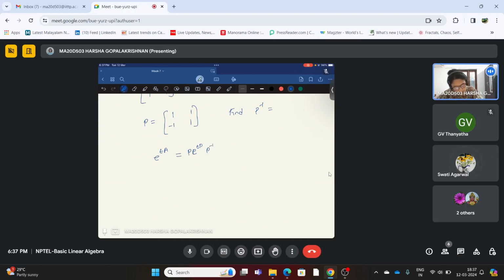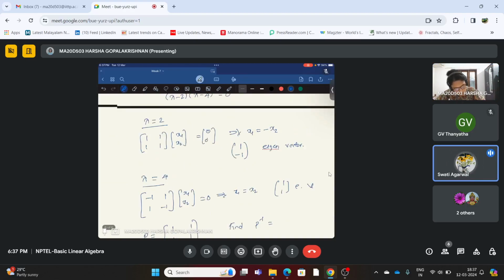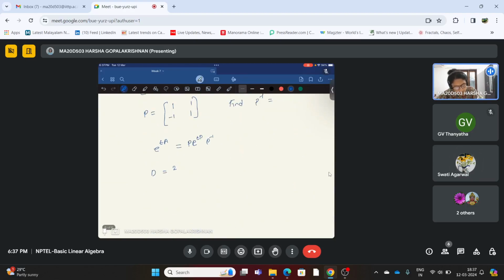So what is D here? D is [[2,0],[0,4]]. The first eigenvalue was 2 and the second eigenvalue was 4. Now we need to find e power tD.